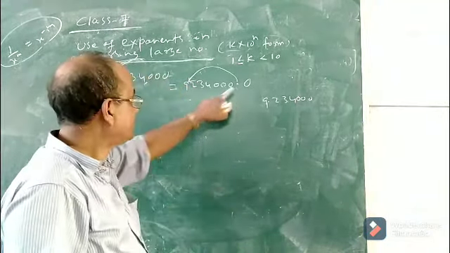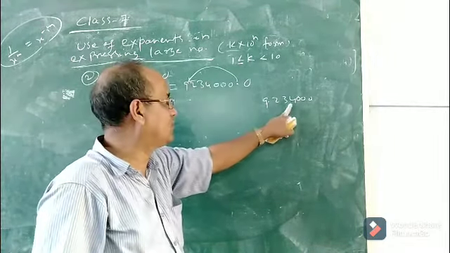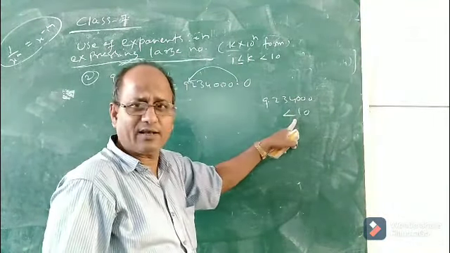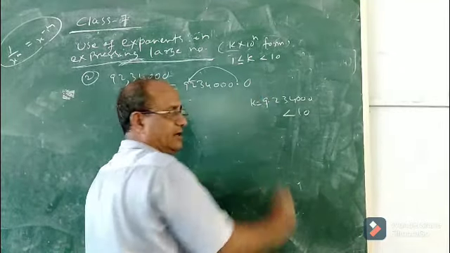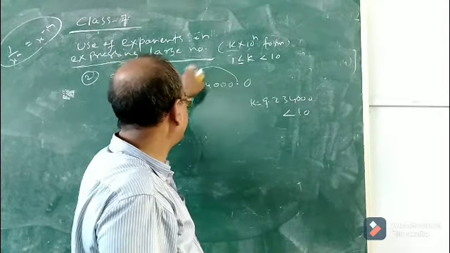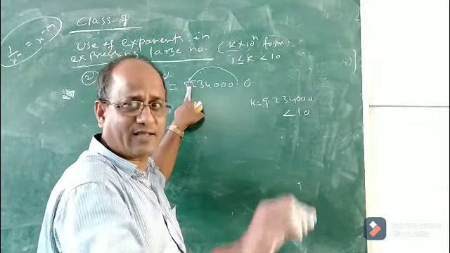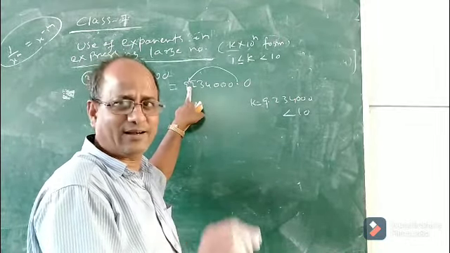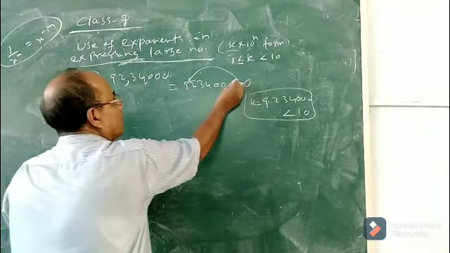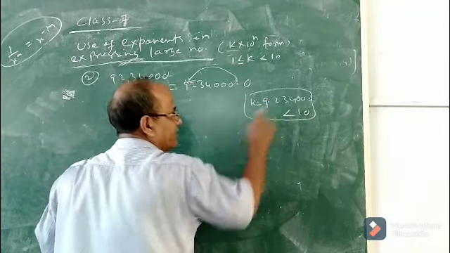This is clearly less than 10, and hence this will be the value of k. K should be less than 10 and greater than or equal to 1. So I think you understood why we shift this decimal point after 2, so that we get the value of k.